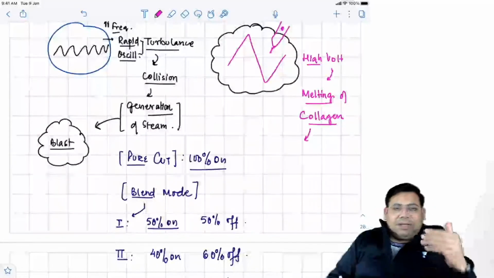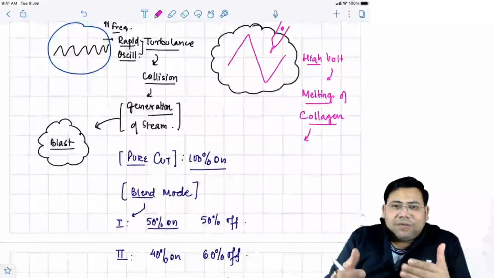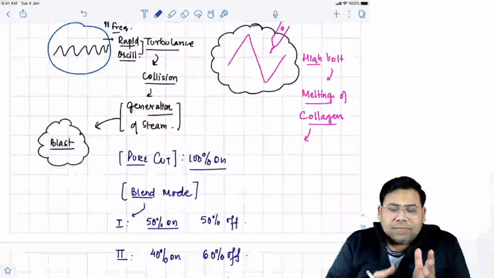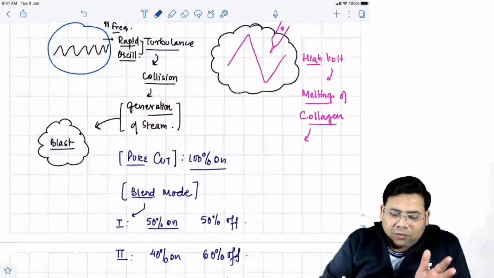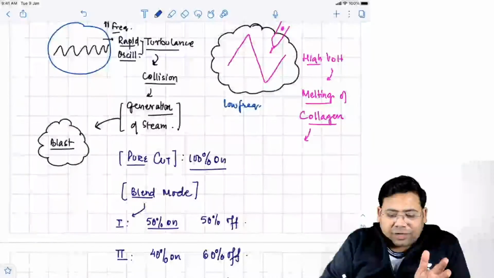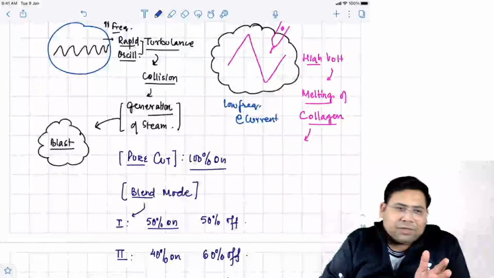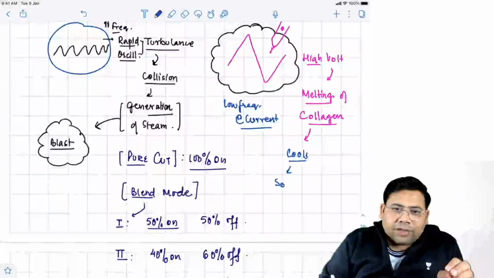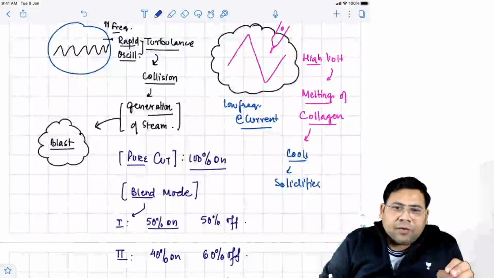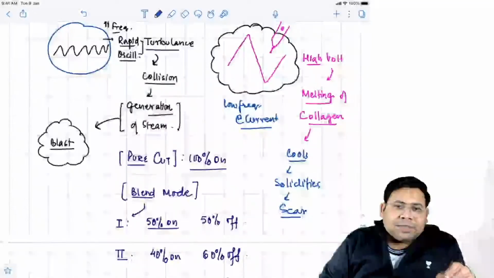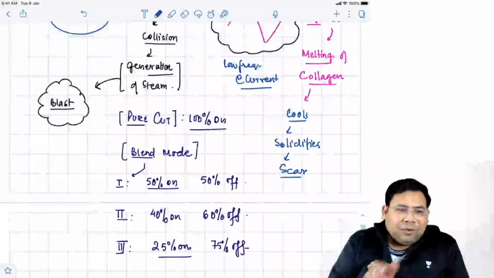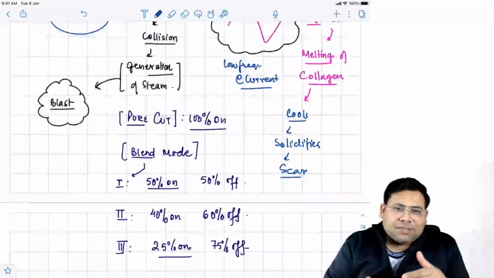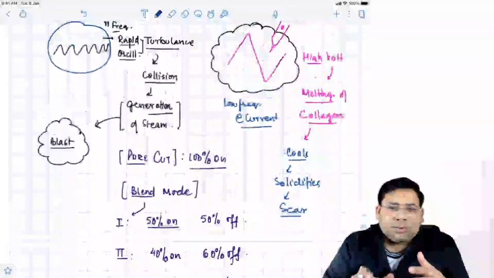By the time the melted collagen could have converted itself into steam, the current is gone because of the low frequency of current. You cannot have steam generation here. So it cools, it solidifies, and now it becomes a scar. But if you reheat, then it will become charcoal, and it will get dislodged. Is that clear? So this is the concept of scarring.